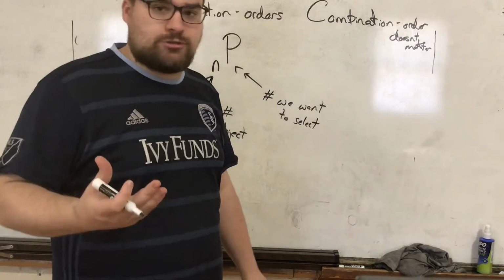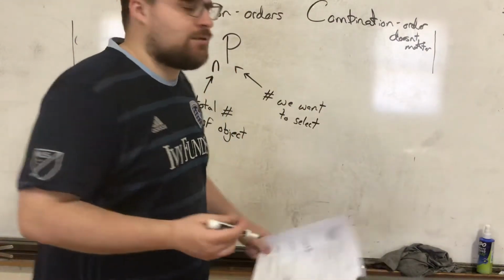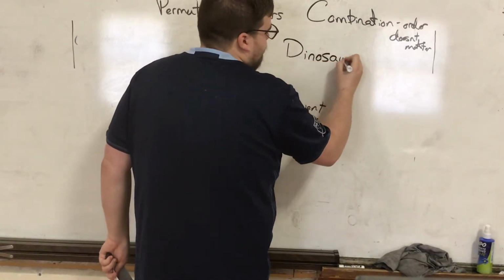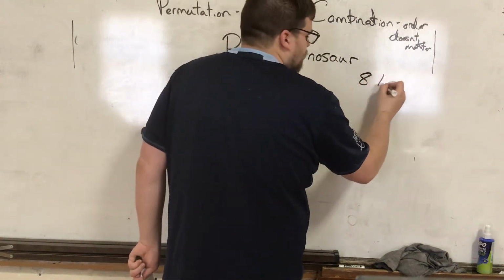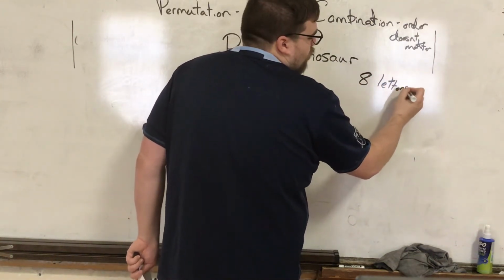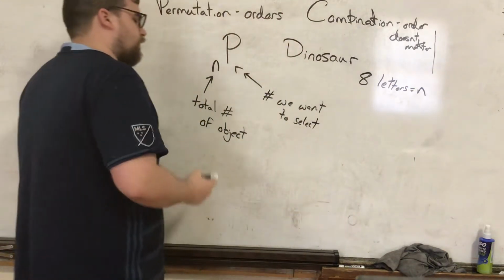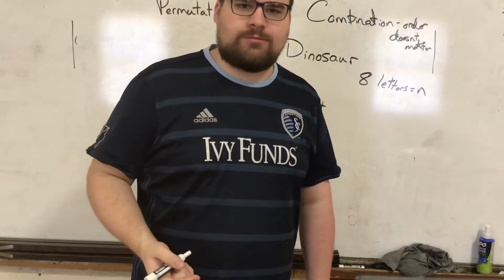Well, how many letters are there? By my count, we have 8 letters. I'm going to write that here. We have 8 letters, so that is going to be our value of N. There's 8 total objects that we're trying to move around.